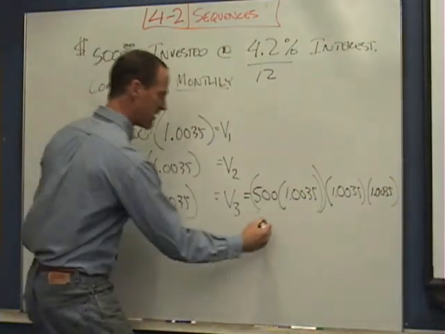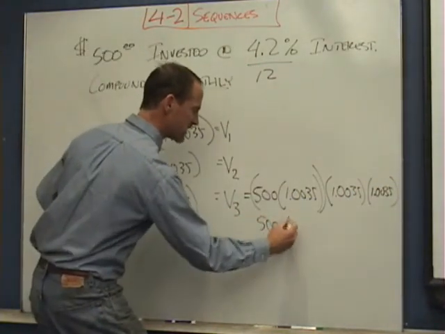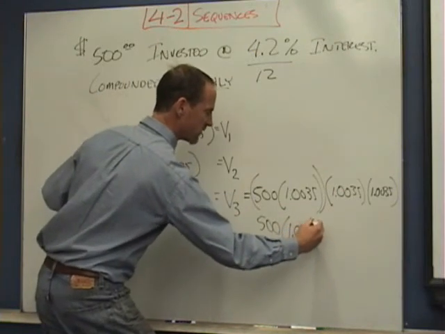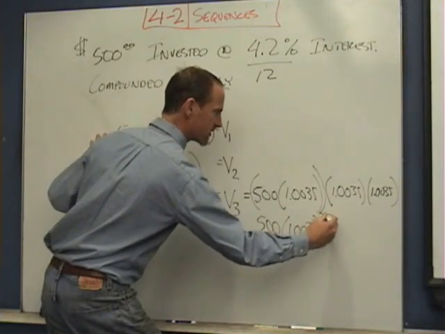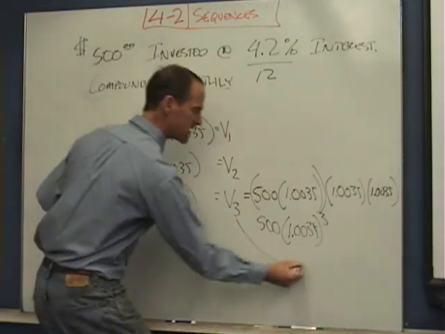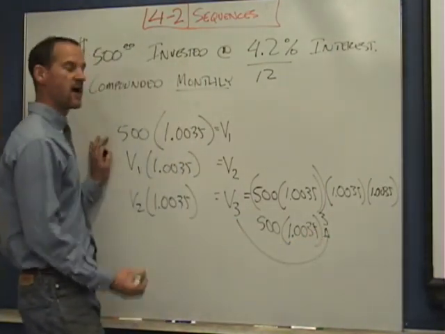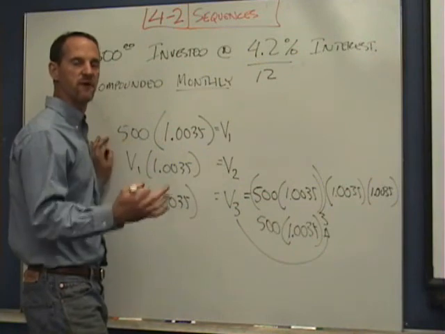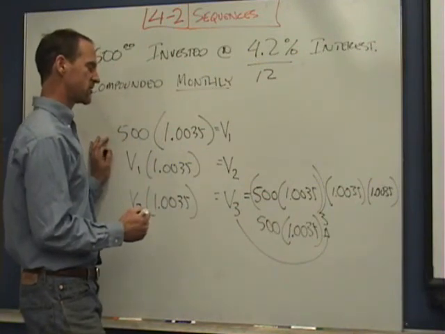So it's just going to be 500, my original amount, times 1.0035 to the third. So you can see there's a direct connection there. I'm just multiplying by this growth amount multiple times.